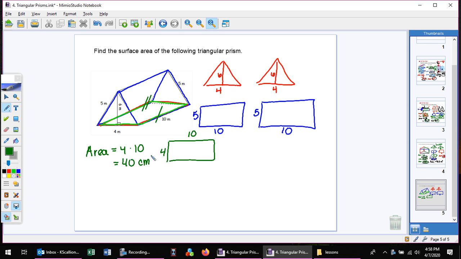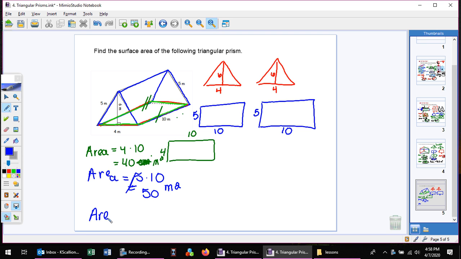No, this one's meters, sorry, meters squared. Really important that we pay attention to our units. Then I'm going to go to my blue ones. My area is 5 by 10, so that's going to give me 50 meters squared.